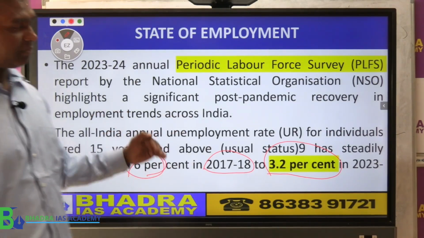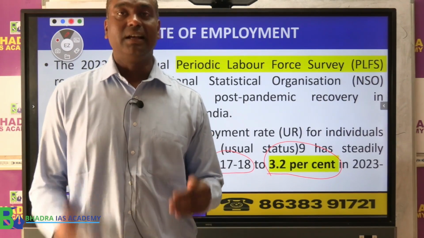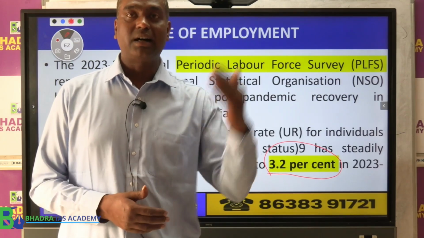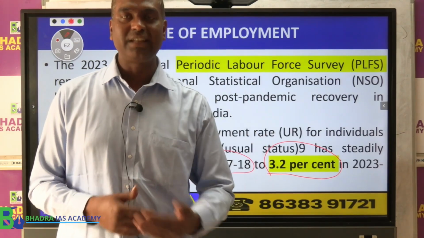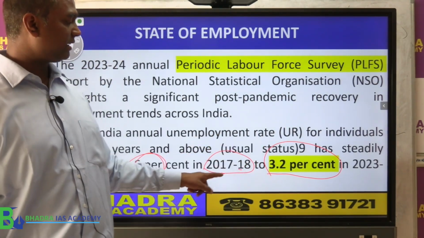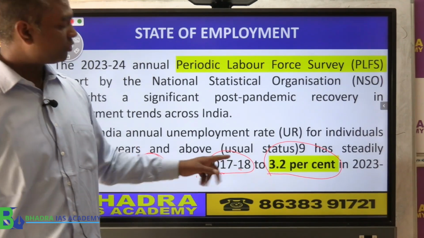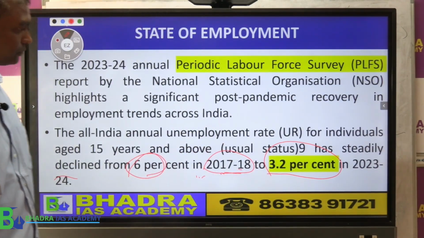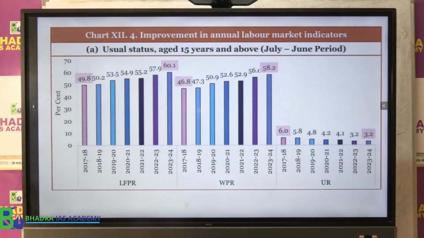So what the government is trying to say is that employment opportunities are increasing. That means unemployment is reducing in India. That is the data that is given here for the last, say, 5 years, right? From 2017-18 till 2023-24.